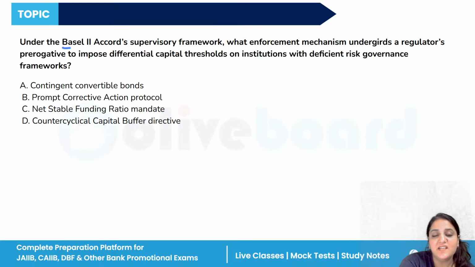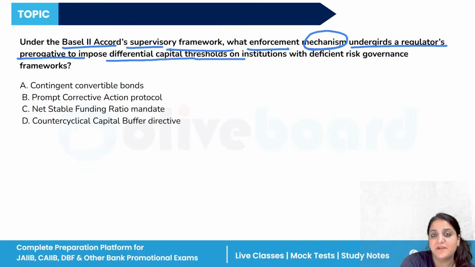Under the Basel II Accord supervisory framework, what enforcement mechanism grants a regulator the prerogative to impose differential capital thresholds on institutions with deficient risk governance frameworks?